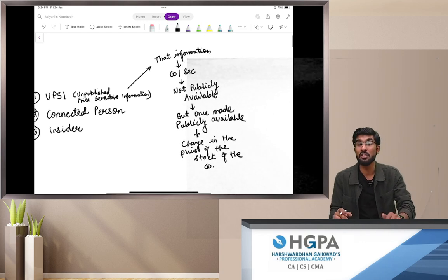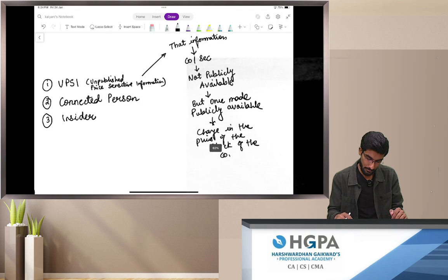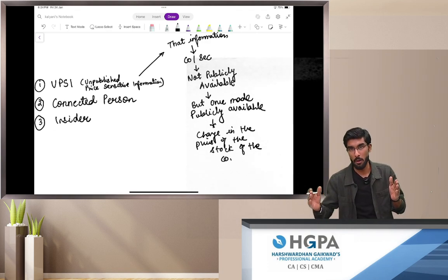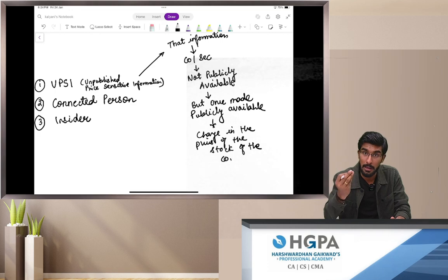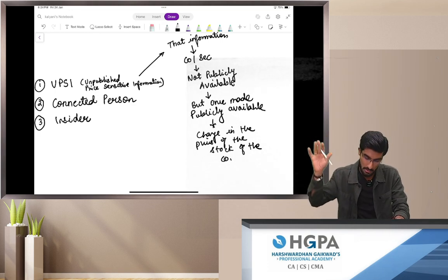This is the definition of unpublished price sensitive information. That information about a company or securities which is not publicly available, but once it becomes publicly available, it will cause a change in the prices of the stocks.